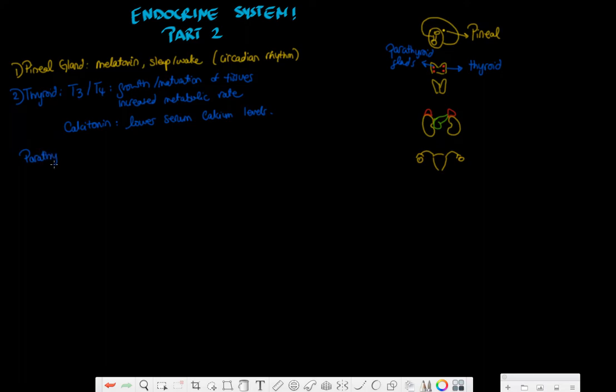As for the parathyroid gland, this is going to release parathyroid hormone, so PTH. PTH actually opposes calcitonin, so it's going to raise serum calcium levels. So again, when the body detects low calcium levels, PTH is released in order to increase them.